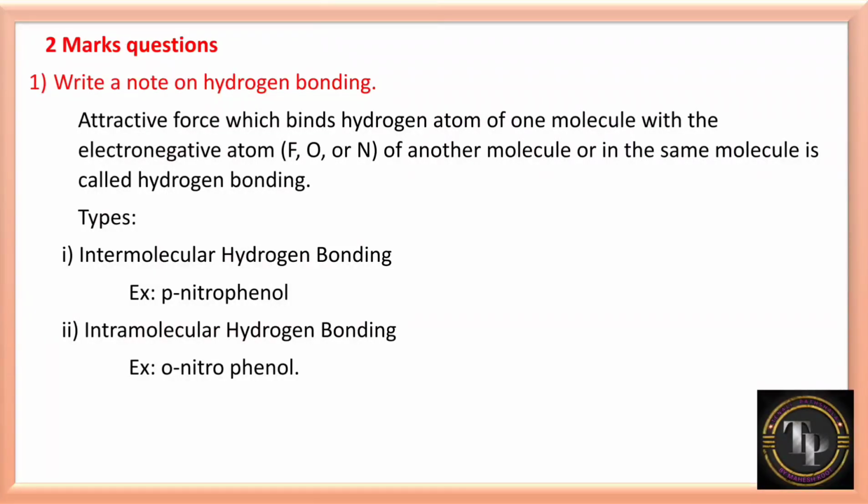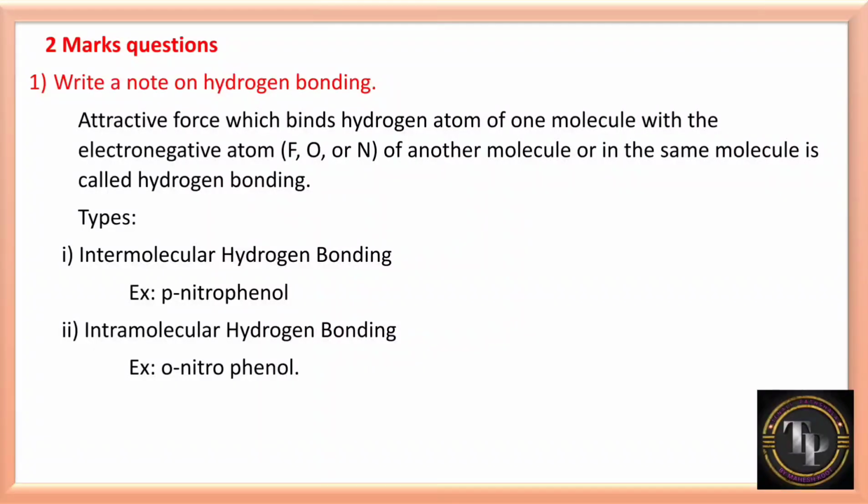So many times they have asked for 1 mark also, guys: the type of hydrogen bond found in orthonitrophenol. Ortho means nearer to the OH group, phenol, OH group. So therefore there is an intramolecular hydrogen bond, within the same molecule.